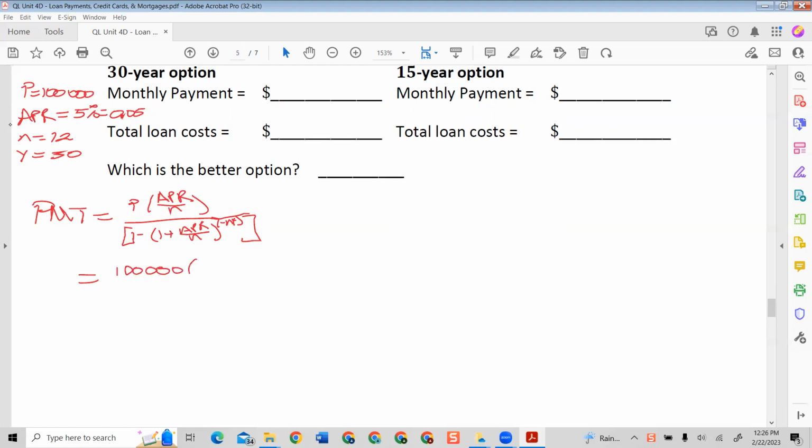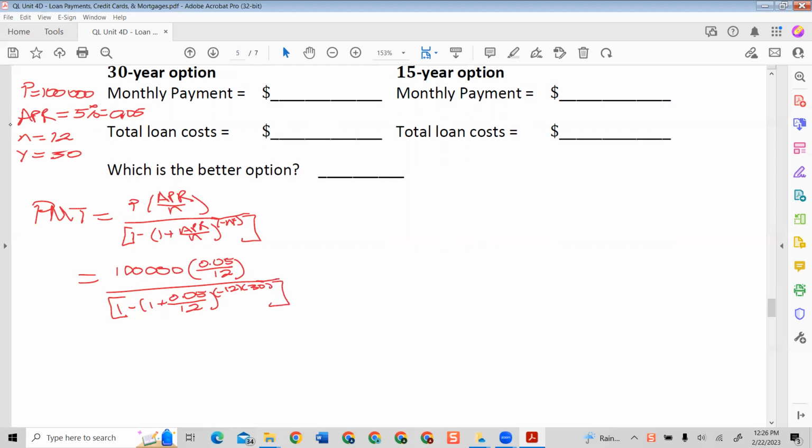100,000 times 0.05 divided by 12 all over, and then let's just plug in the rest down here. And that's a negative right here on this 12 times 30. And if you need to do it in parts, I would.